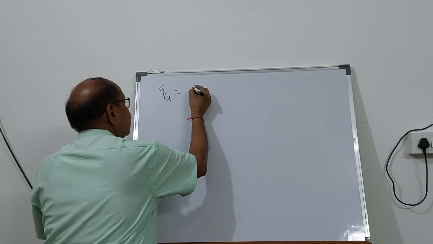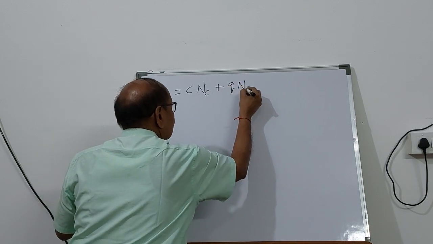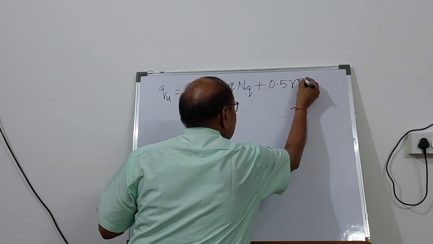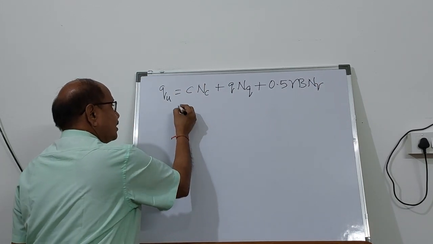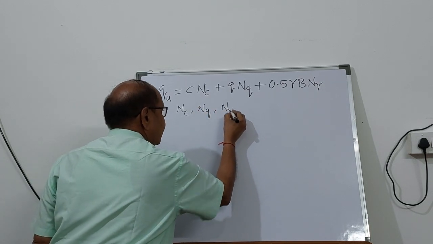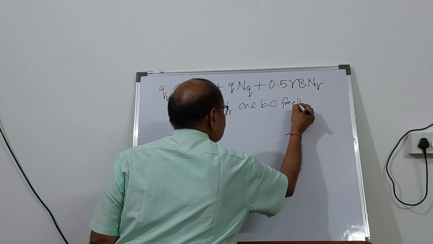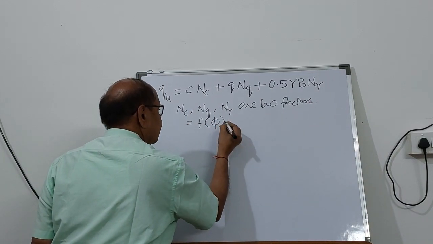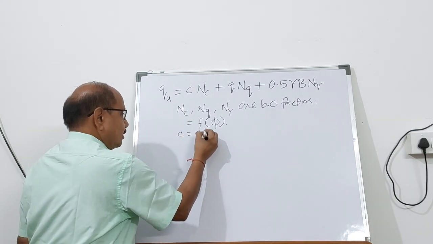As per Terzaghi's, it is cNc + qNq + 0.5γBNγ. So Nc, Nq, Nγ are bearing capacity factors, and these are all functions of phi, the shear parameter, and c is the cohesion parameter.